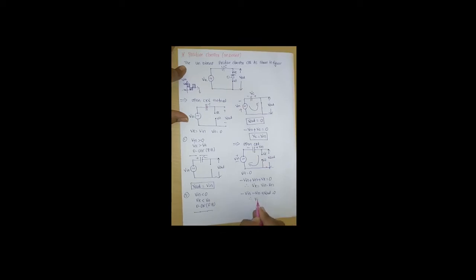Therefore the output voltage equals Vm plus V input. Based on this expression we draw the input and output waveforms of this positive clamper unbiased circuit.